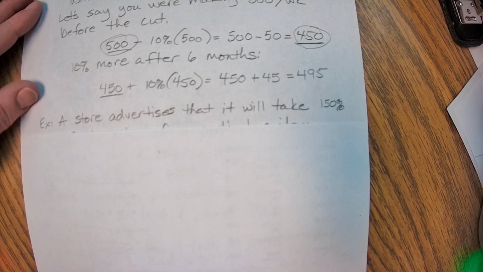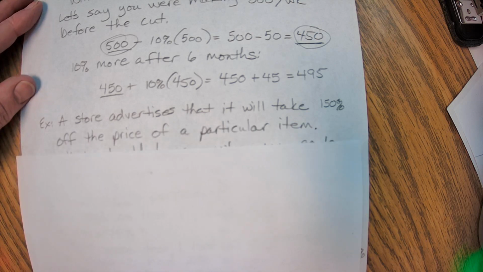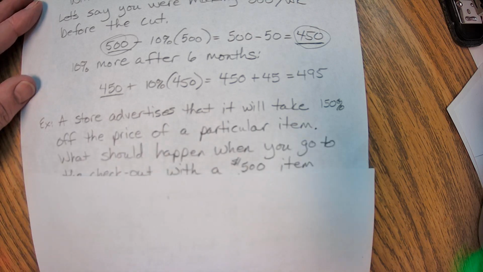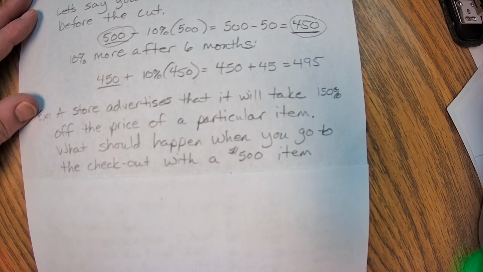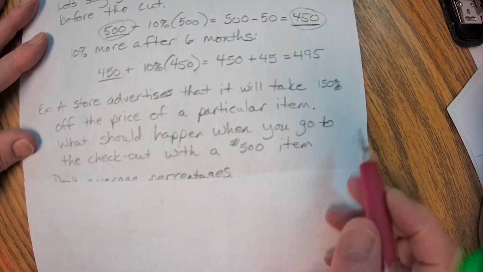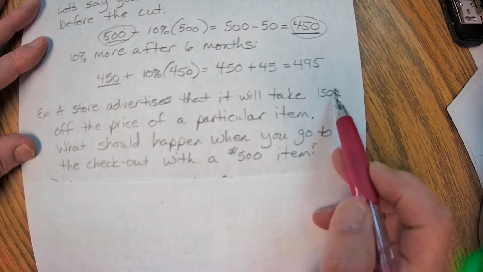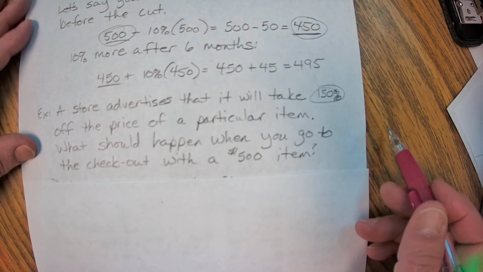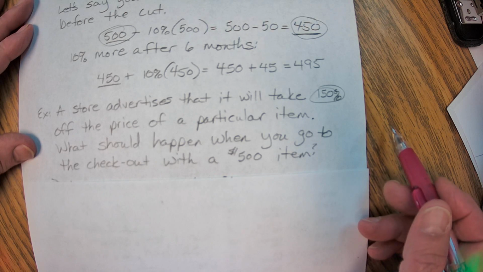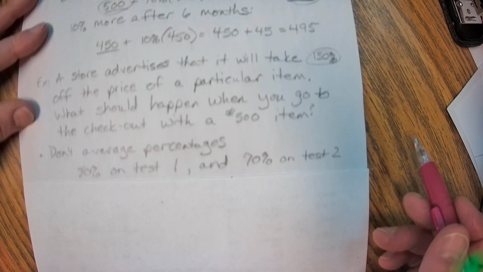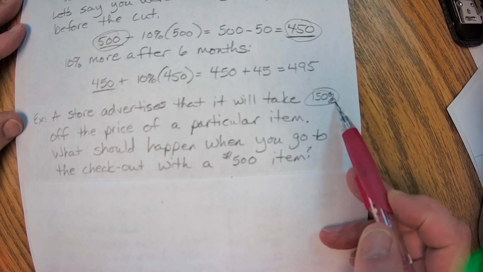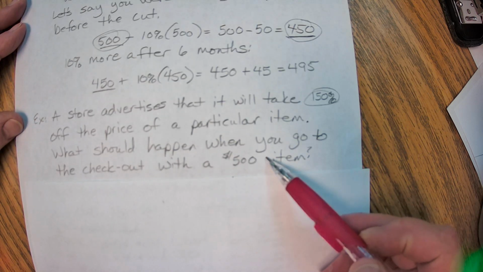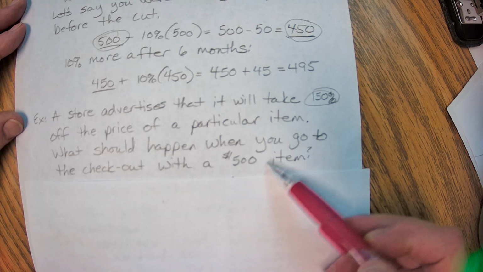So a store advertises that it'll take 150% off the price of a particular item. What should happen when you go to the checkout with a $500 item? Okay, think about this. Is it possible to take more than 150% away from something? So if it was 100% off, this thing's going to be free, right?